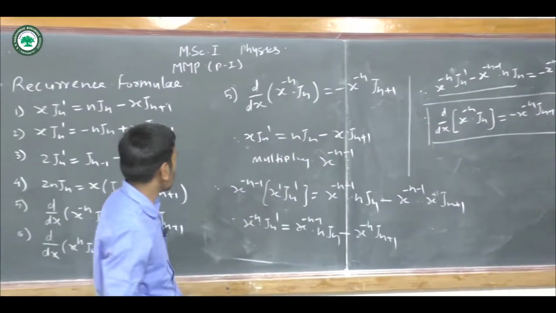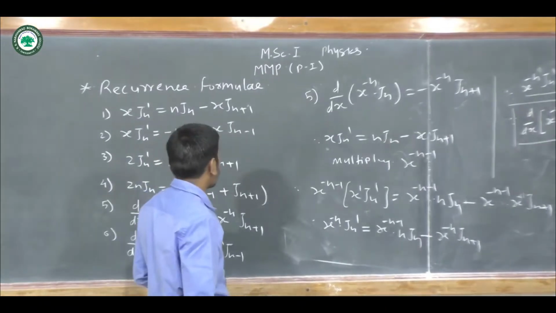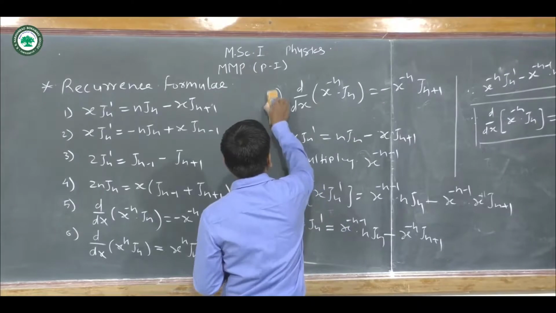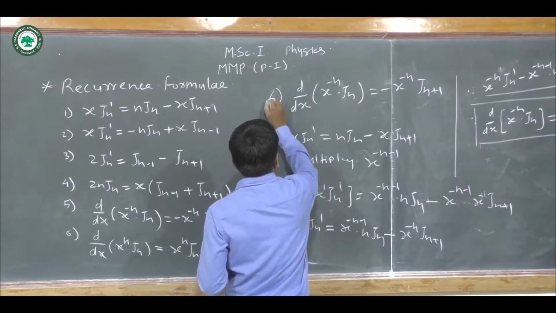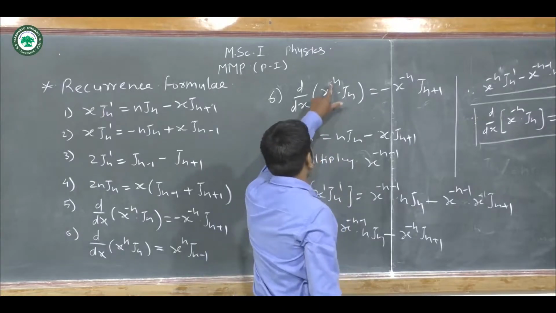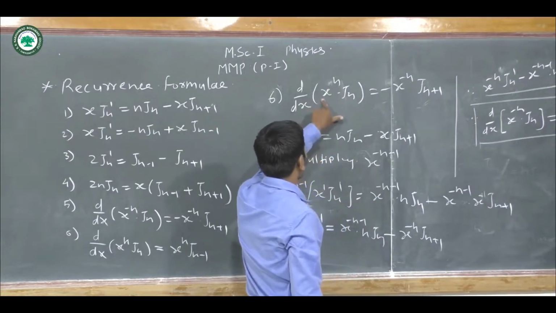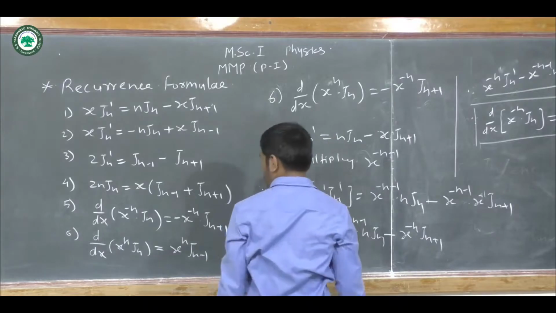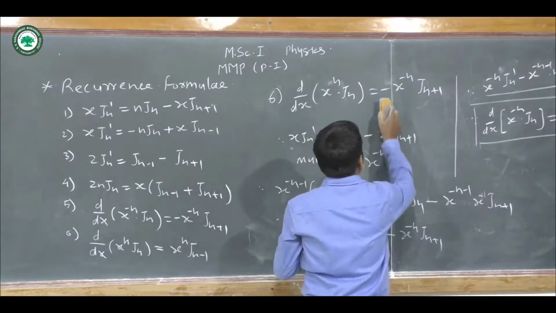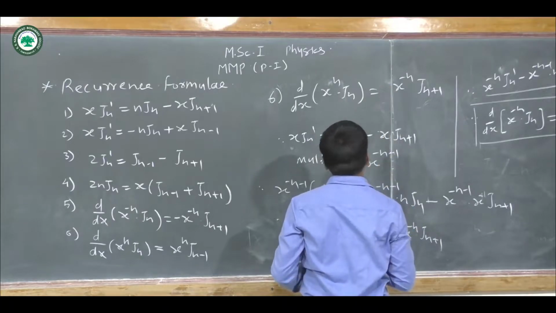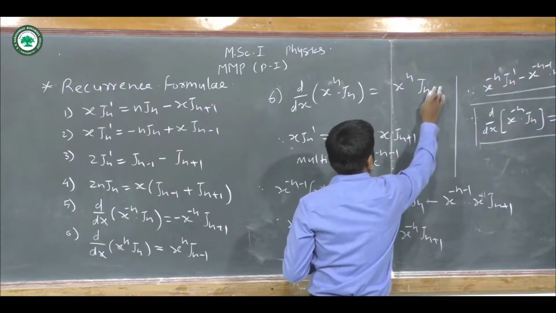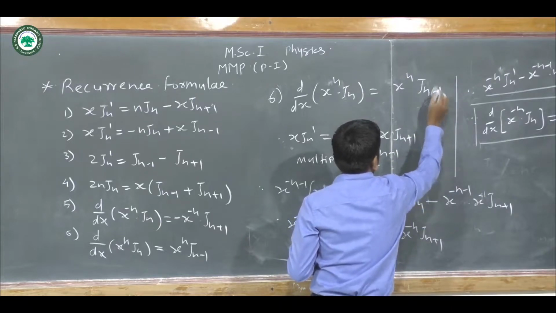Now the sixth one is also the same thing. The last one, that is d by dx of x power n into Jn is equal to x power n into Jn minus 1.